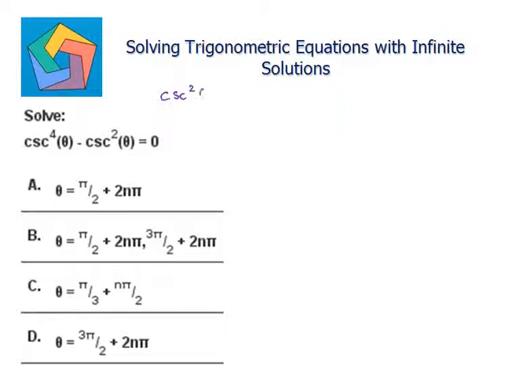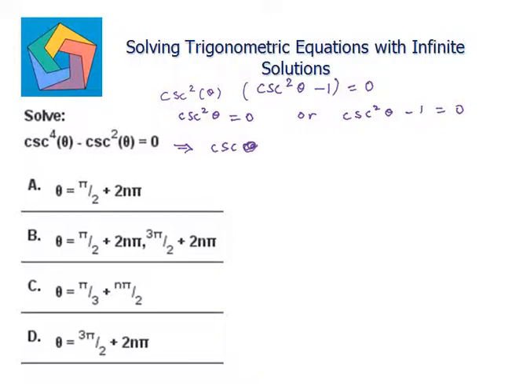Cosecant square theta, we will be left with cosecant square theta minus 1 in the parentheses, is equal to 0. So we can say either cosecant square theta is equal to 0 or cosecant square theta minus 1 is equal to 0. This implies cosecant theta is 0 or cosecant square theta is 1.